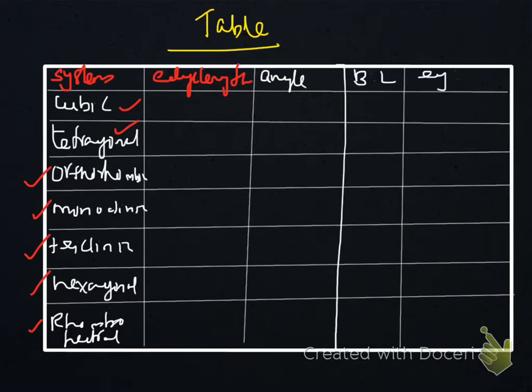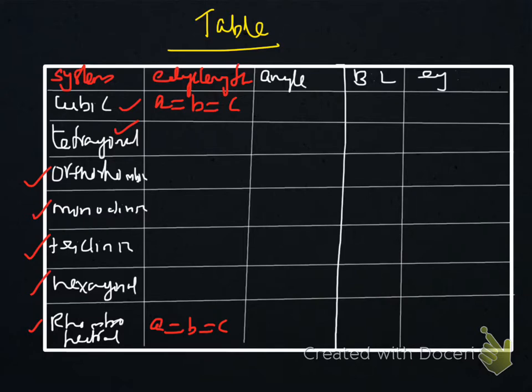Relation between the edge lengths: for the cubic system all 3 edge lengths are equal, A equal to B equal to C. For the last system also, A equal to B equal to C.